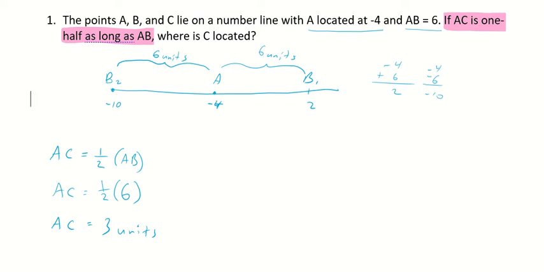Now the question asks, where is C located? So not a distance, but a location for point C. That's going to be somewhere halfway between points A and B. And it could be on the right or left side, because we could travel 3 units this way, or 3 units this way.